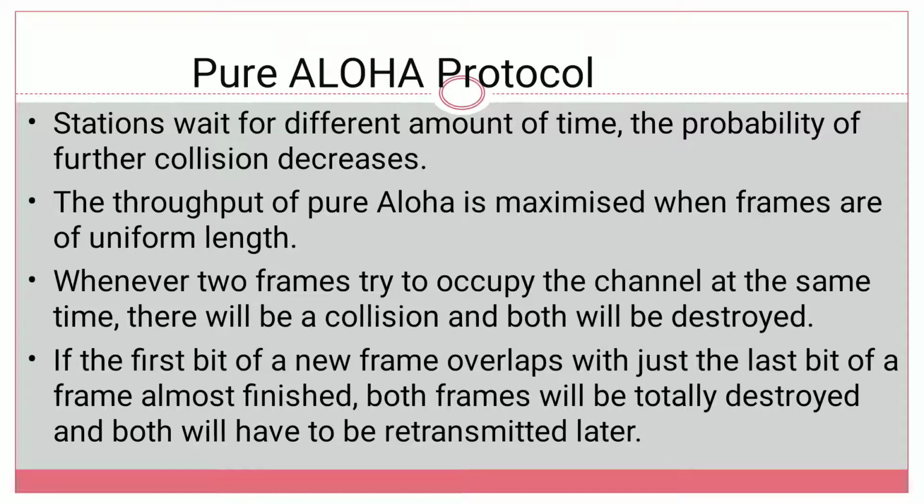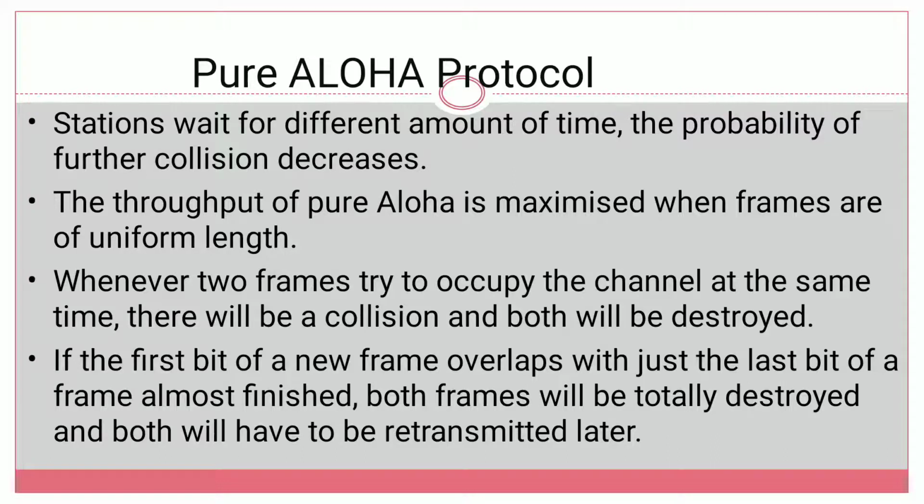Station A is in the waiting state and station B starts sending the data. That means the channel is utilized by station B but not by A, because A is waiting. So the probability of collision is decreased if the stations wait for the acknowledgement.